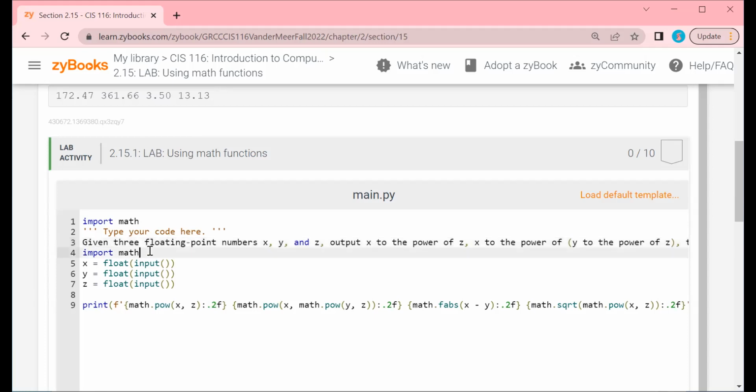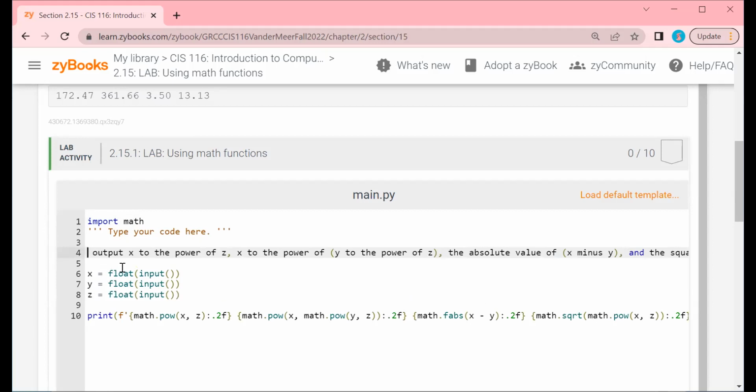The first thing I need to do, because this program is having us practice some of those math functions, is import the math header file. So I say import math. And then I'm given 3 floating point values, X, Y, and Z. So those are my 3 inputs.